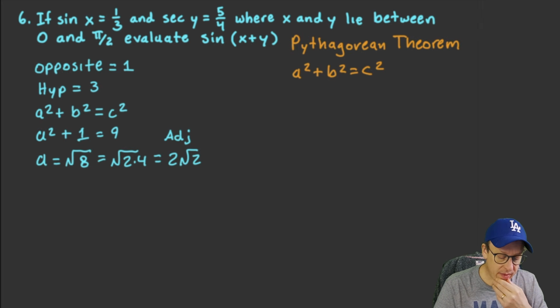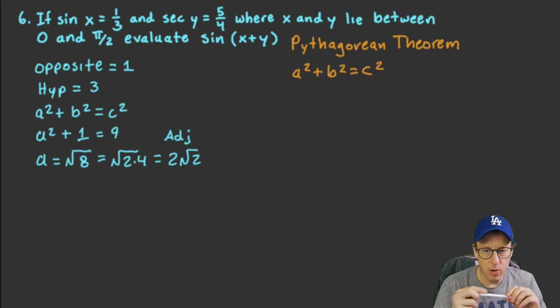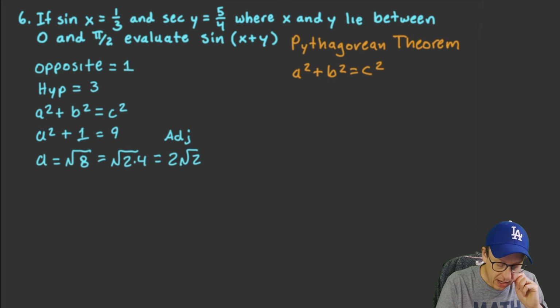Okay, then we have the secant of y is equal to 5/4. Well, that is the same as the cosine of y equal to 4 over 5. So what does that mean? Well, that means the adjacent is going to be equal to 4, and the hypotenuse is going to be equal to 5.